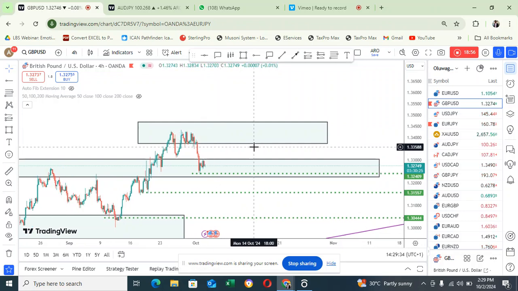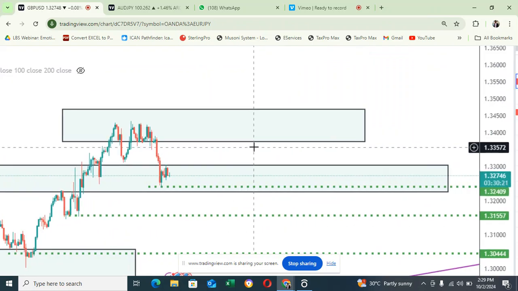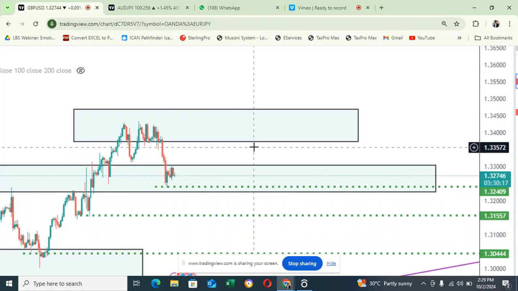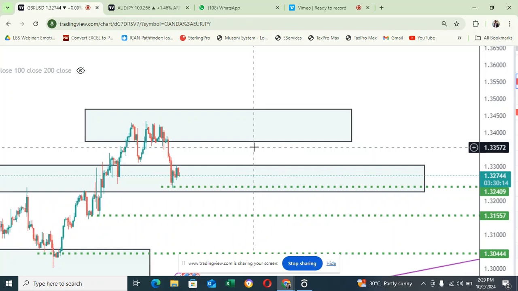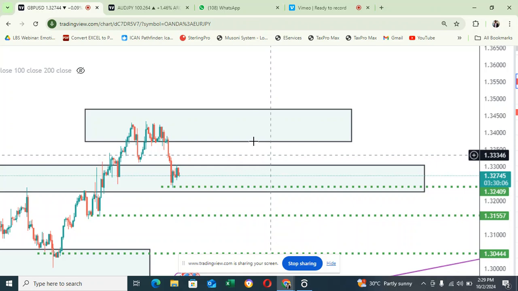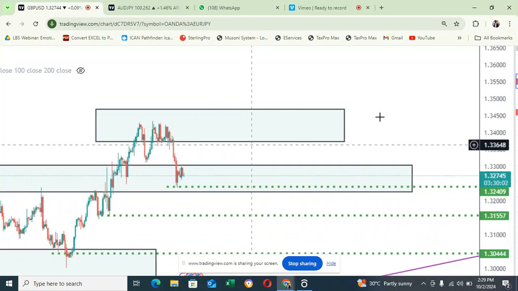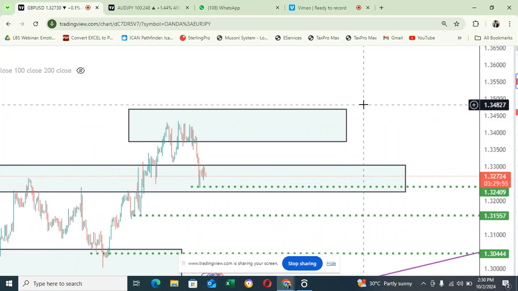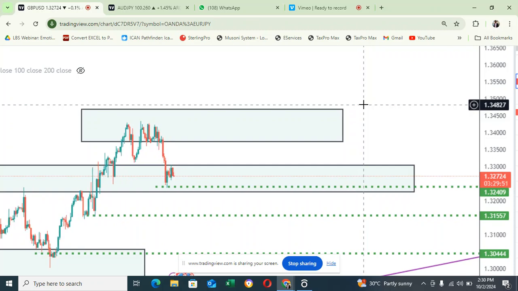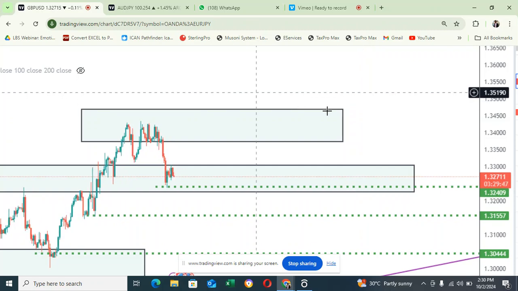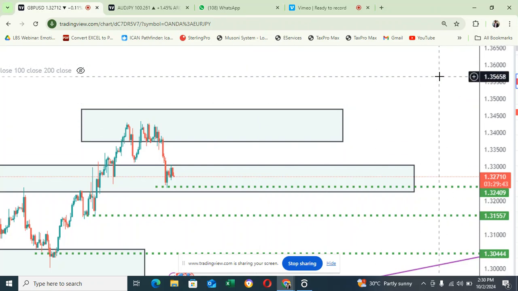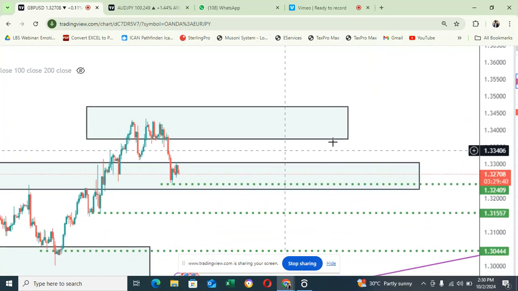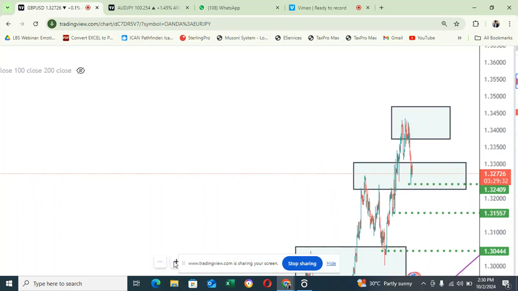So as you can see, the market actually fits in the chart, looking for buying and selling opportunities at the same time.